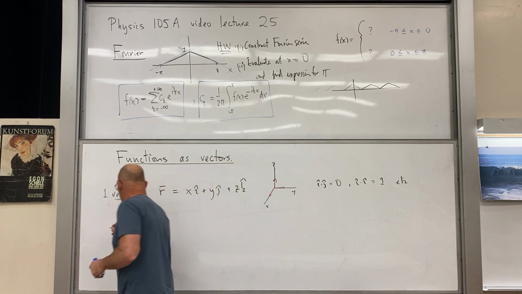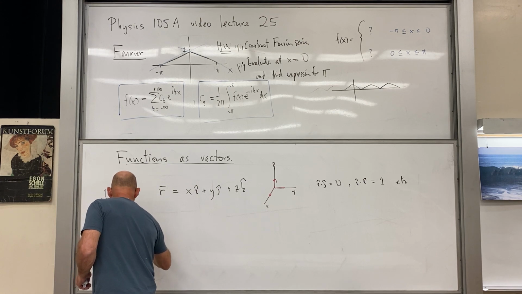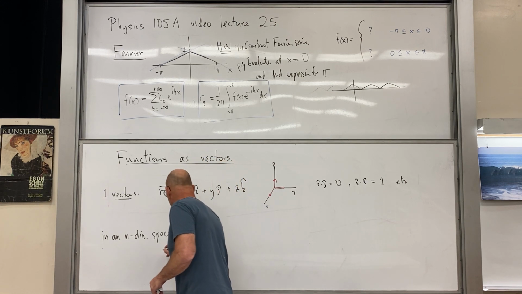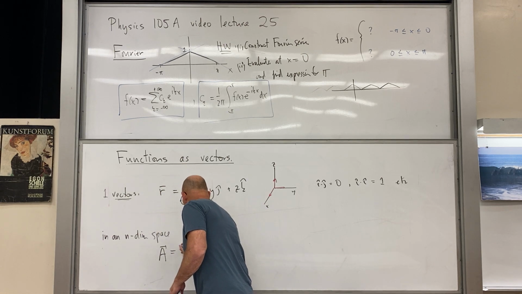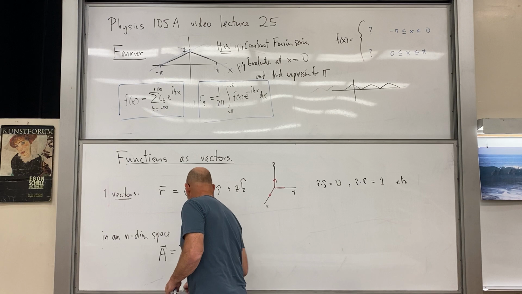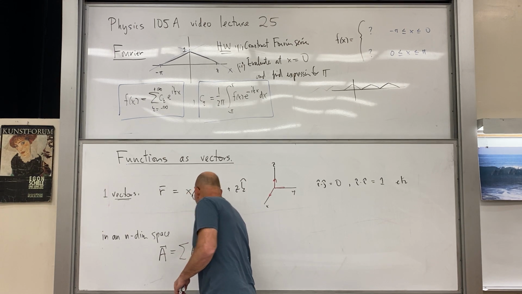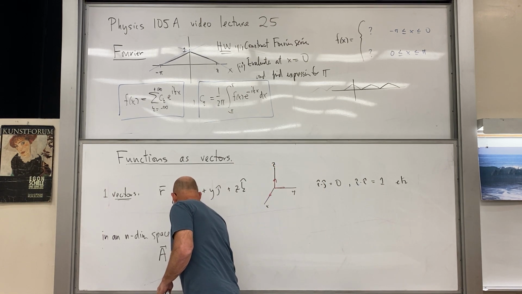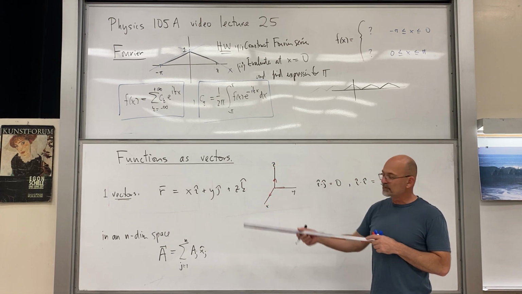In an n-dimensional space, and still everything real numbers, we could have something like this. A equals the sum over j equals 1 to n of A sub j x j hat. I'm just using different names.